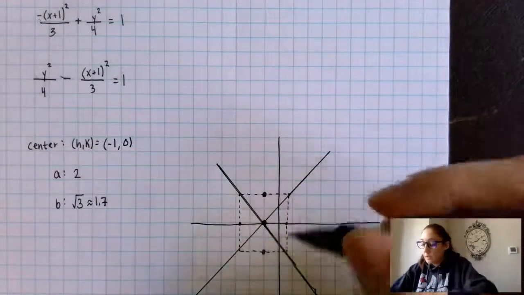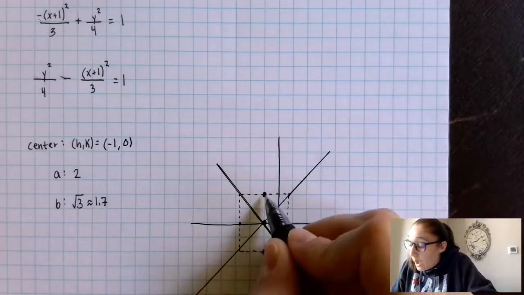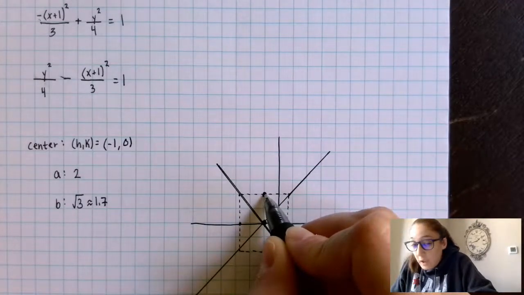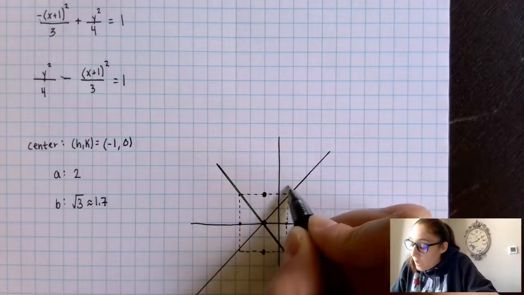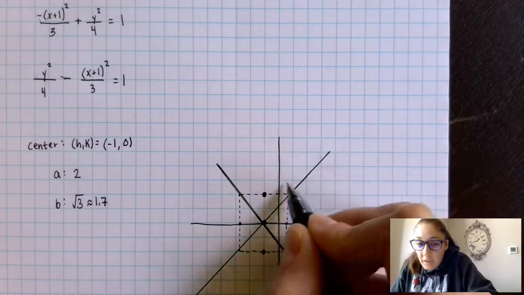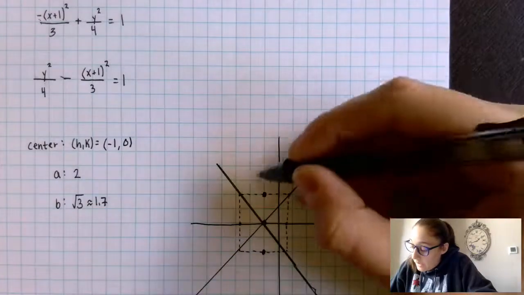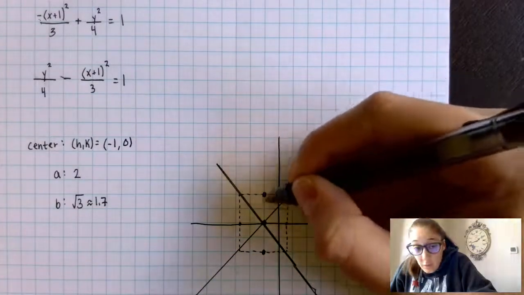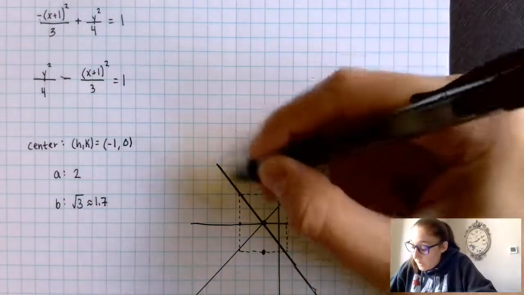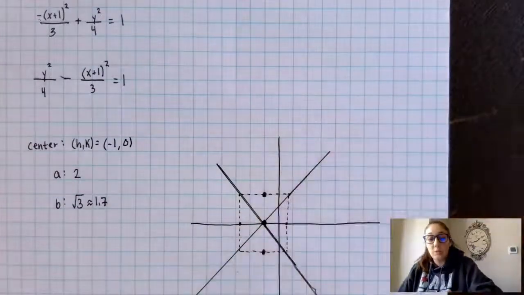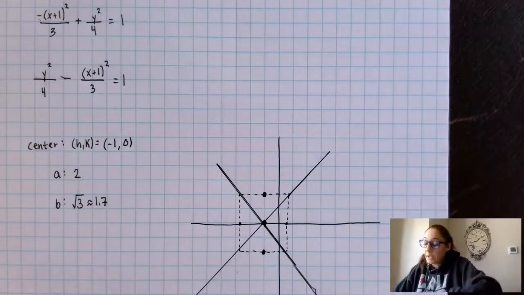So here's what we want to do with our hyperbola. We can start here, but we want it to open as wide as these lines allow. We don't want to make a really thin U shape right here. The reason we drew these diagonals is to guide how wide the branches should be.